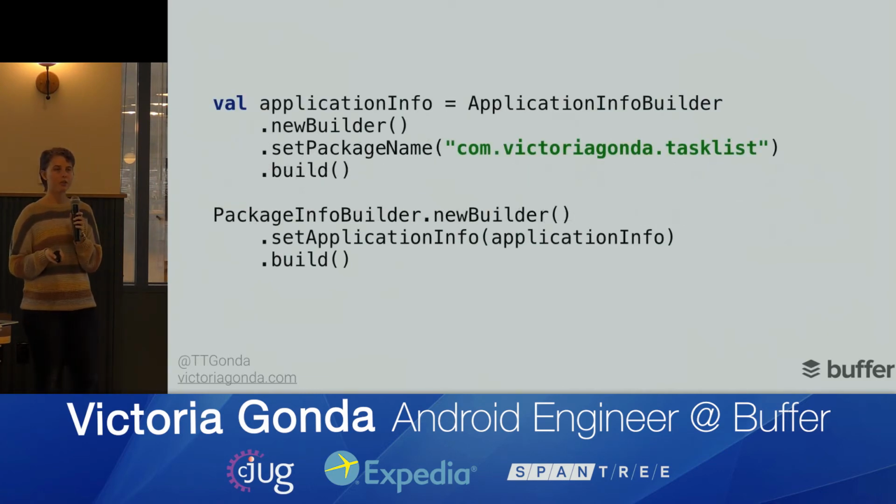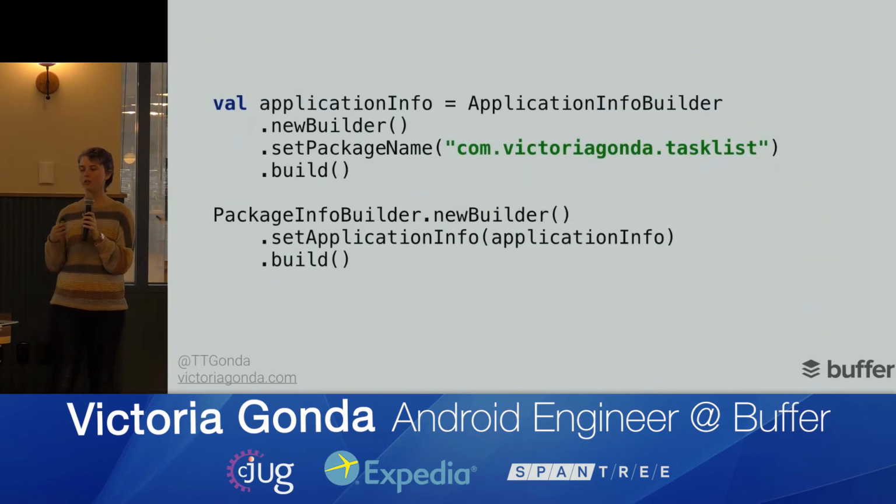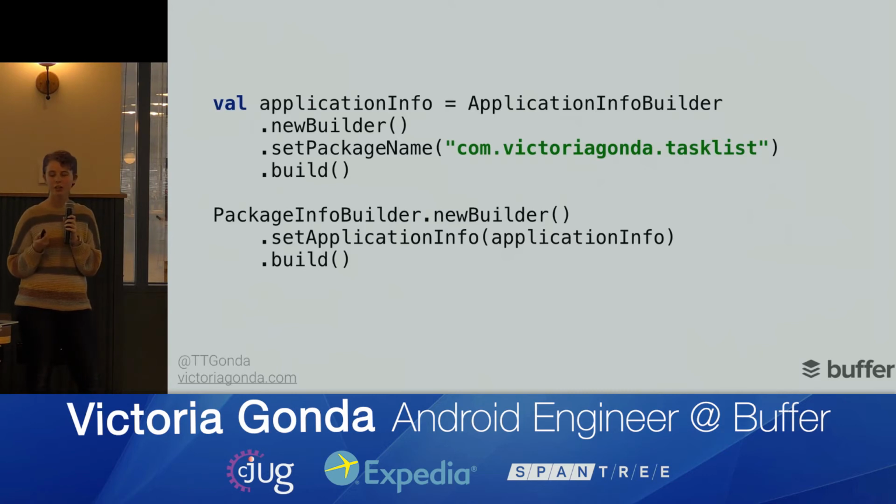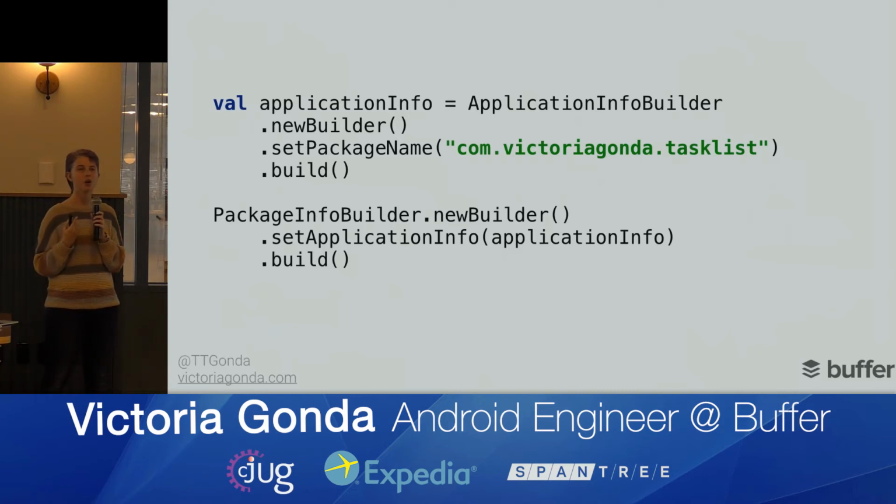And one more part of core includes builders for Android objects that might be hard to create otherwise. Whether they have private constructors or whatnot, this includes builders for application info, package info, motion event pointer coordinates, and motion event pointer properties.